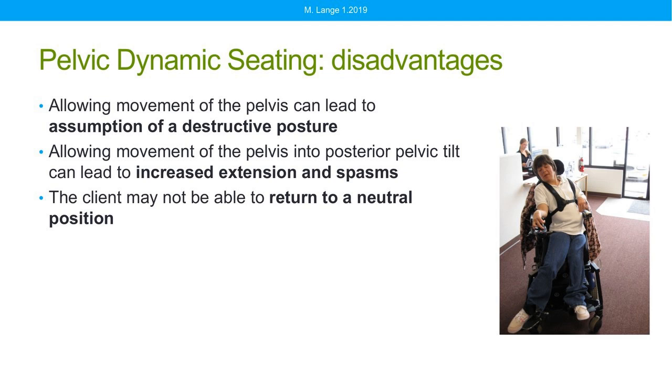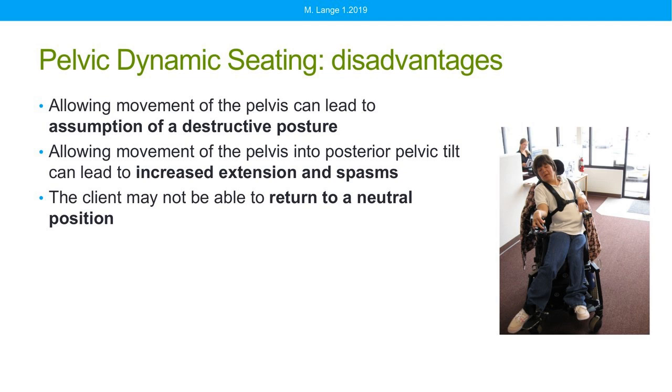For some clients, if we allow movement of the pelvis, the client is going to pull into a destructive posture, a posture that we don't want them to be in, that has negative consequences to them. Some clients, if they move into that more open seat to back angle, that posterior pelvic tilt, even if it's temporary until the dynamic seating returns them to neutral, tend to have increased extension or spasming.